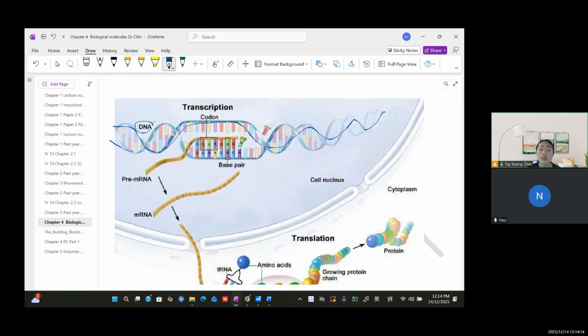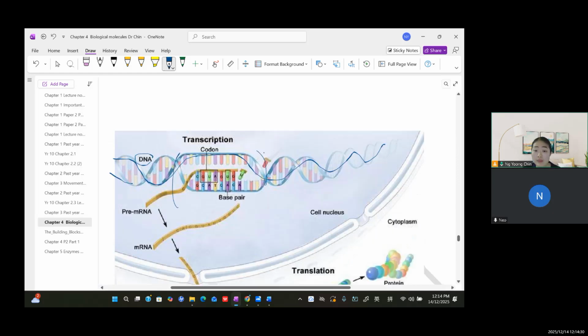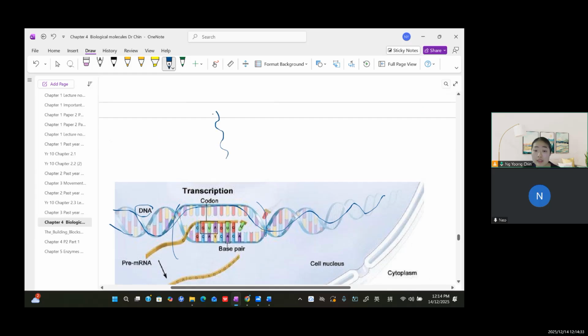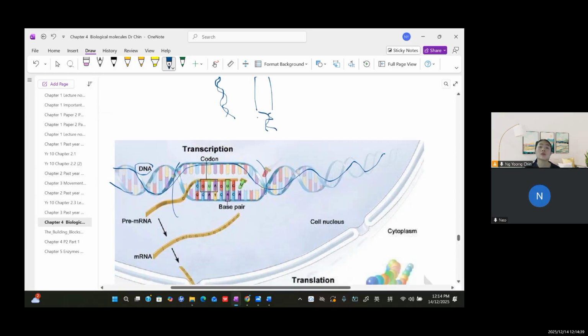So the genetic information will be used by the body cell to make proteins or any kind of products. So what the DNA does is it will uncoil. You can see this portion where the DNA unwinds itself, like this. So why do they need to unwind or uncoil themselves?